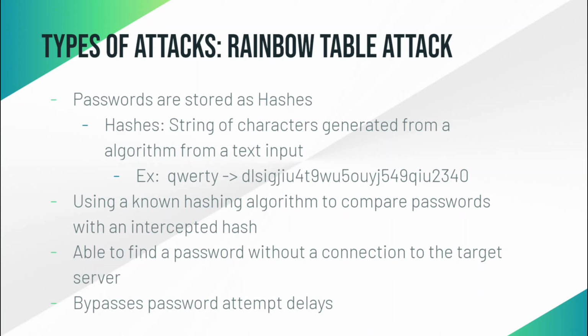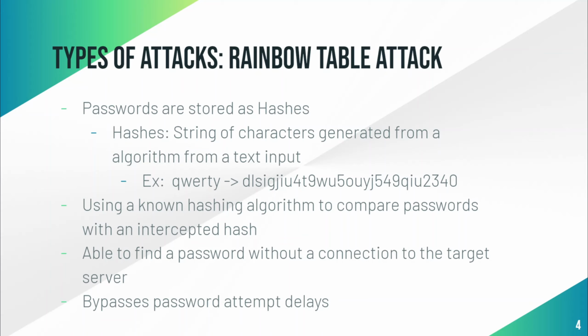Cryptography is a way for people managing systems to disguise information in case it's compromised. An example for this is QWERTY, and then we run it through an algorithm and it puts out that text. Hashing is very useful because the hashes are only able to be translated one way, so you can't get a password from a hash.